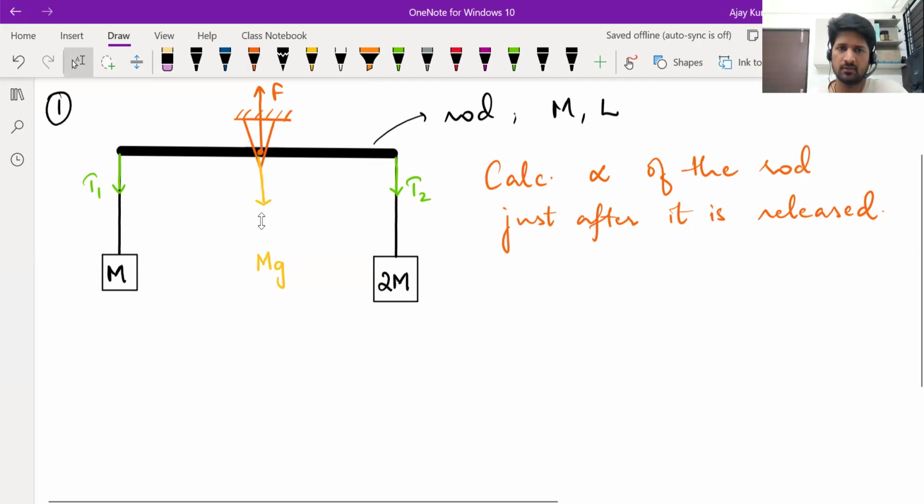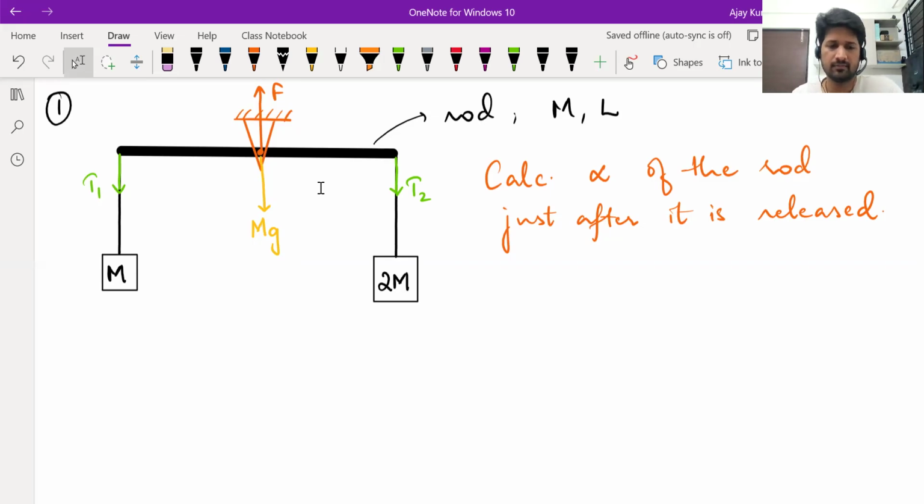No, mg will also be... Tell me, how do you decide if a force creates torque about a point or not? Anyone? How do we decide if a force creates a torque about a point or axis or not?